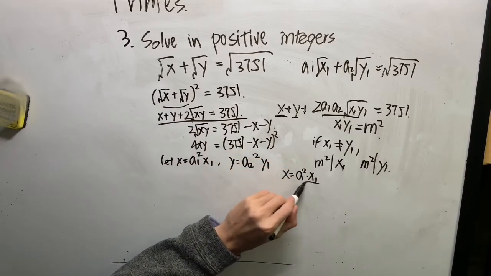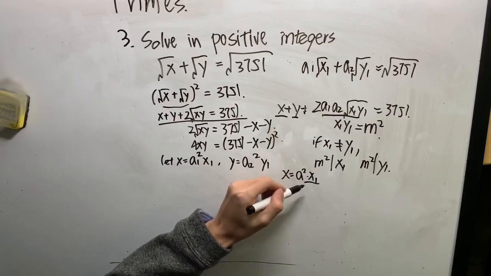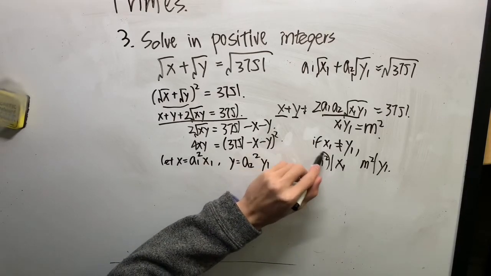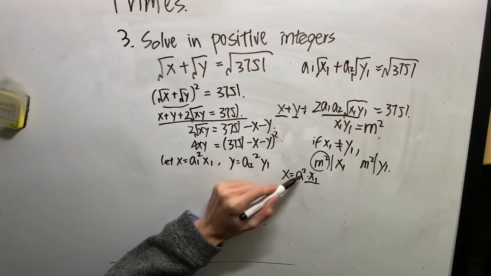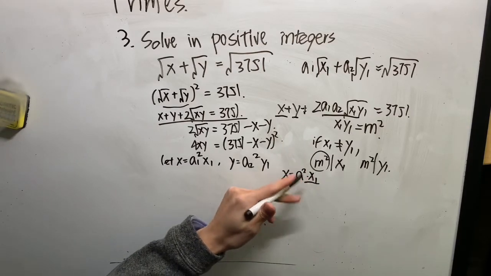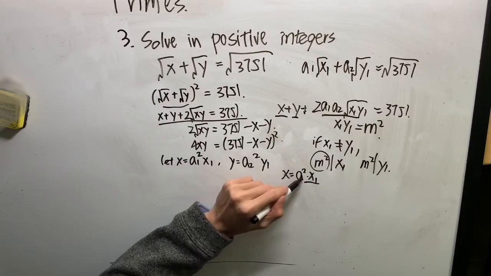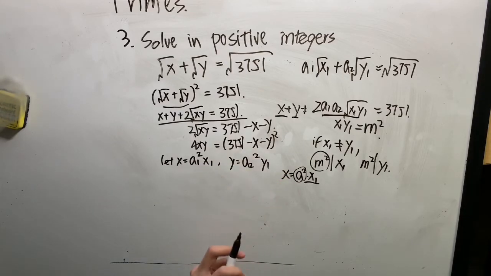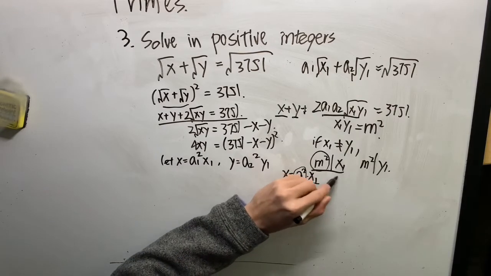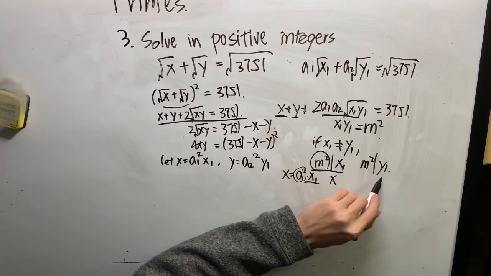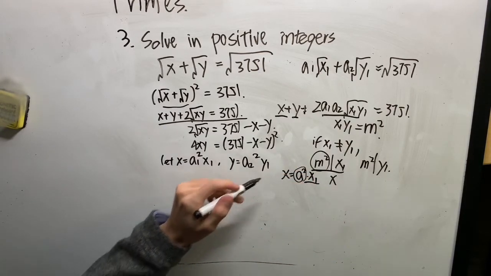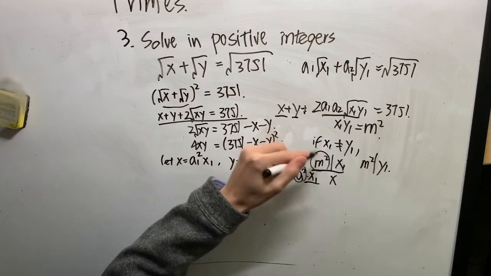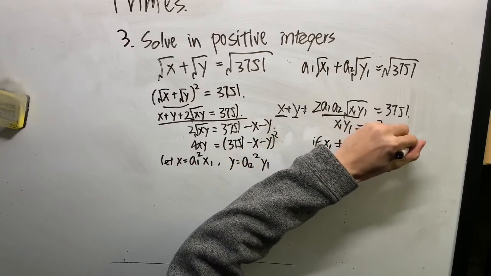So x1 cannot have the form of m squared, because we have put all of the m squared out of x and made that become a squared. So this does not exist, same as y1. Therefore, we have the conclusion that x1 equals y1.